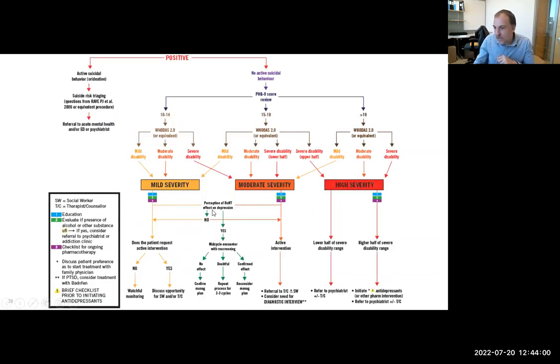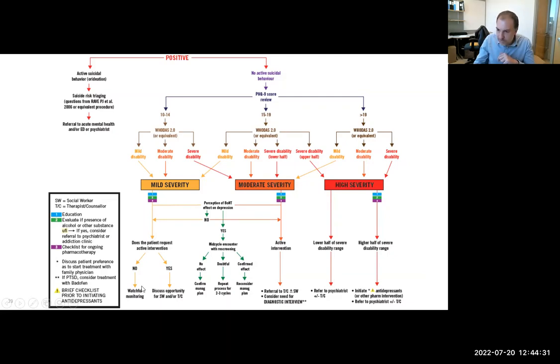This is just a snapshot of the bottom part of the bundle of care that aims to suggest management approaches that depend on the degree of severity of depressive or anxiety symptoms and of their impact on quality of life, categorizing them as mild, moderate, or high severity, and selecting the most appropriate intervention depending on this severity and impact.